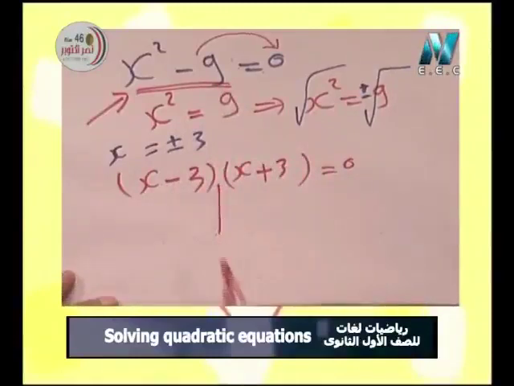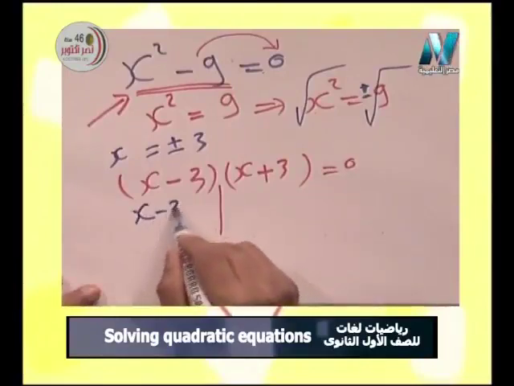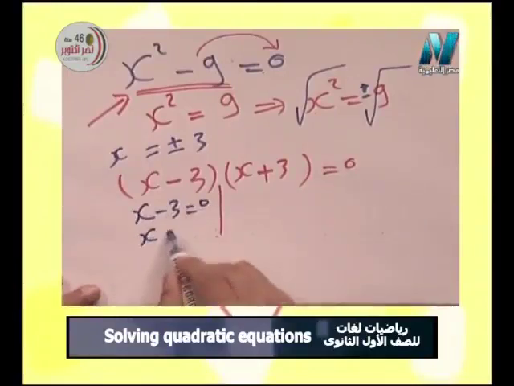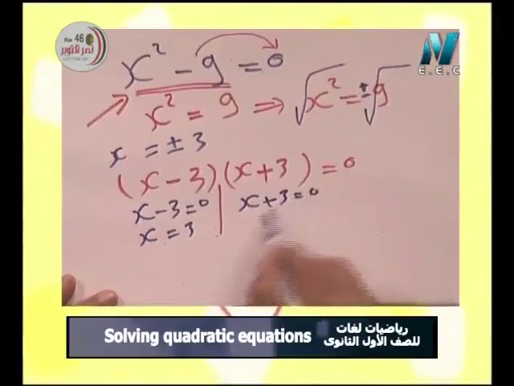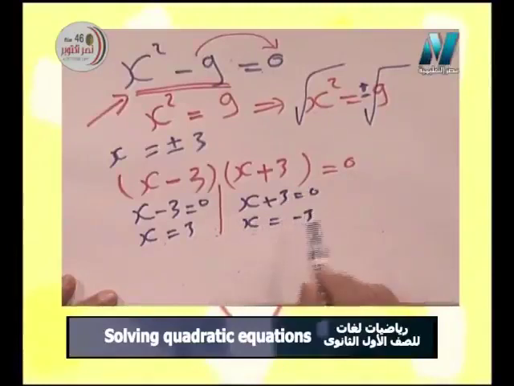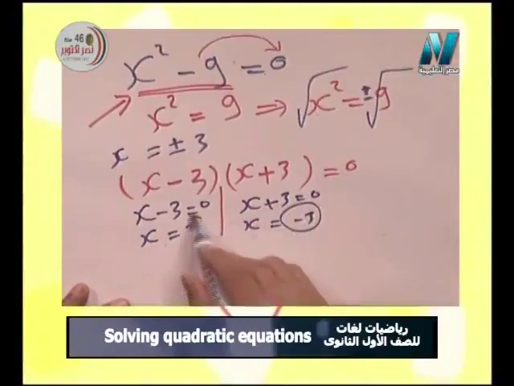And we divide into two equal parts and find that x minus 3 equals 0 and x equals 3, x plus 3 equals 0 and x equals negative 3. So the solution also equals positive or negative 3.